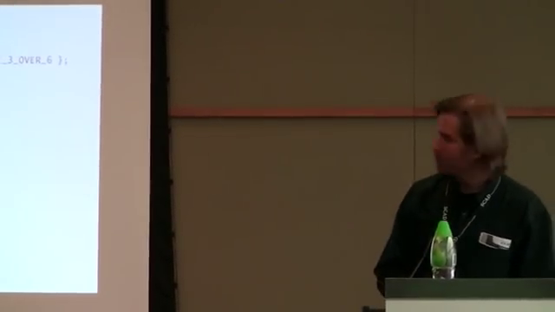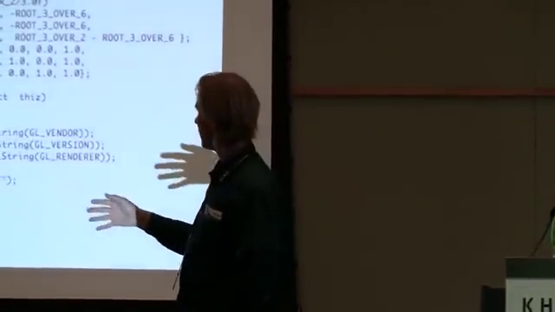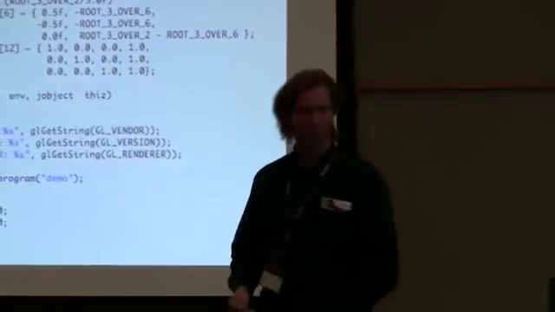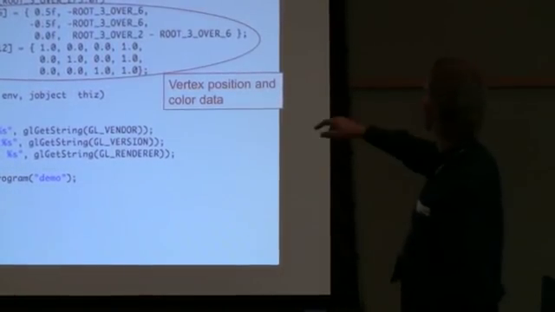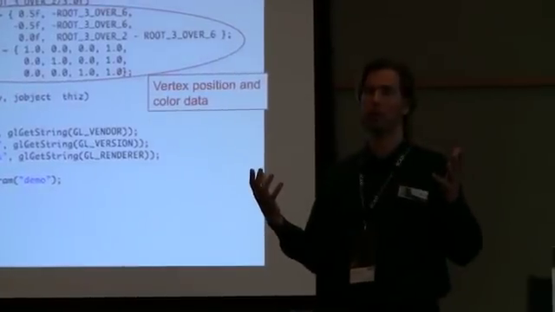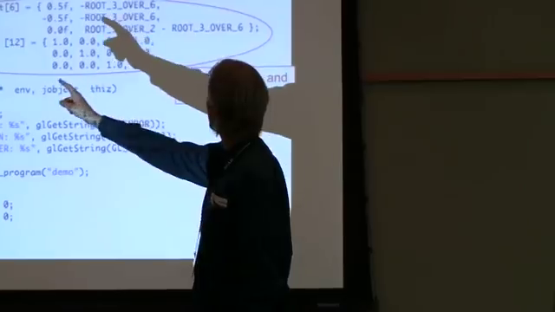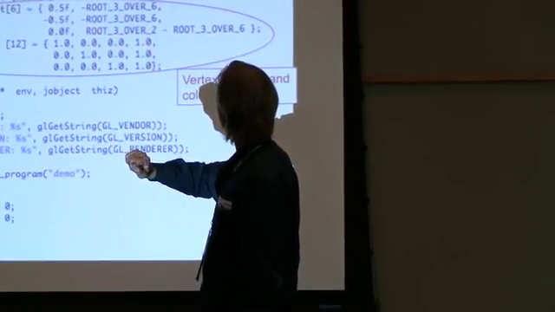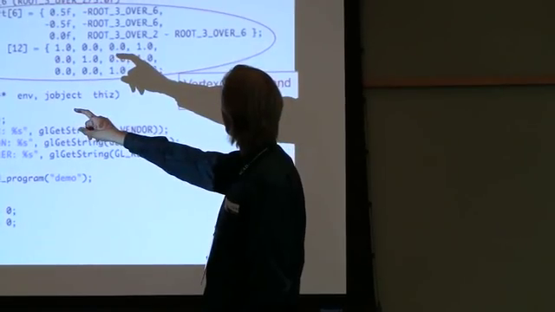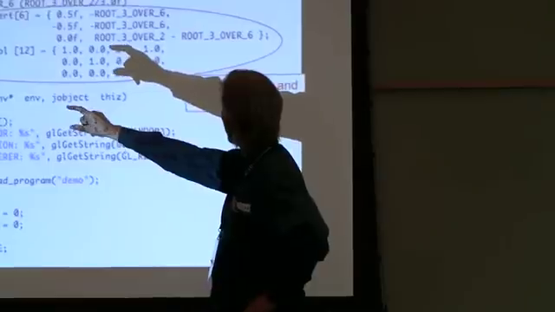And there's one of the first methods, this is the init. First, we're going to draw this one triangle, so we put the vertex coordinates of the triangle in here. Then we have the colors here.